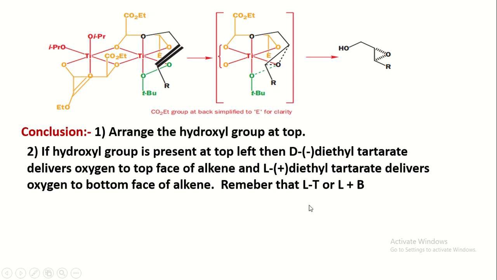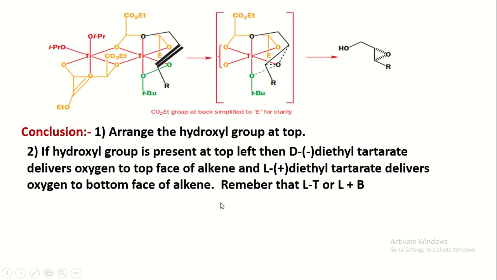Therefore, use either L minus T or L plus B. L means the left side of the OH group with respect to the double bond. Minus means the configuration of diethyl tartrate; if it is minus, use L minus T. If it is plus, use L plus B. B means the position of the epoxide at the back side.